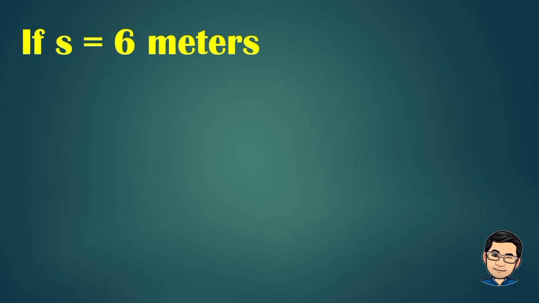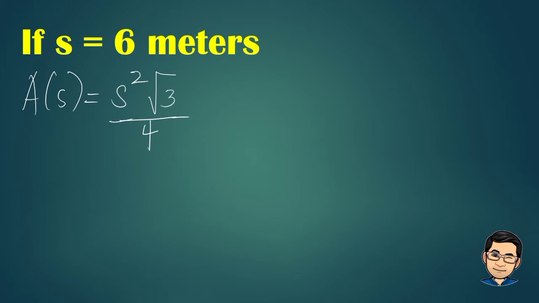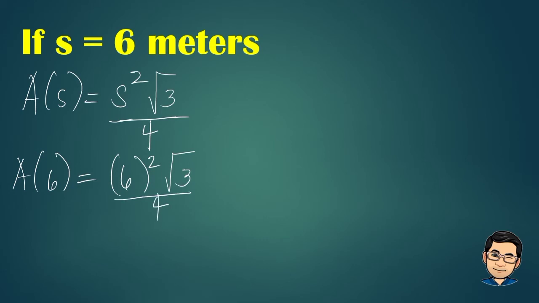So, given siya sa function, A of s is equal to s squared square root of 3 all over 4. Tapos, A of 6 equals 6 squared square root of 3 all over 4. So, 6 times 6, that is 36. Square root of 3 all over 4.